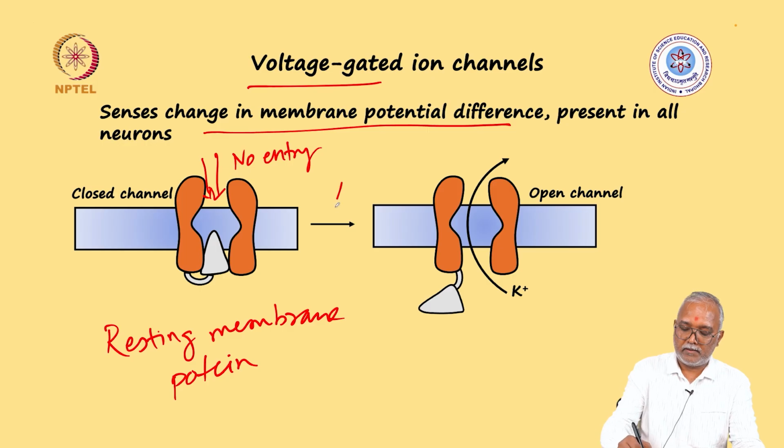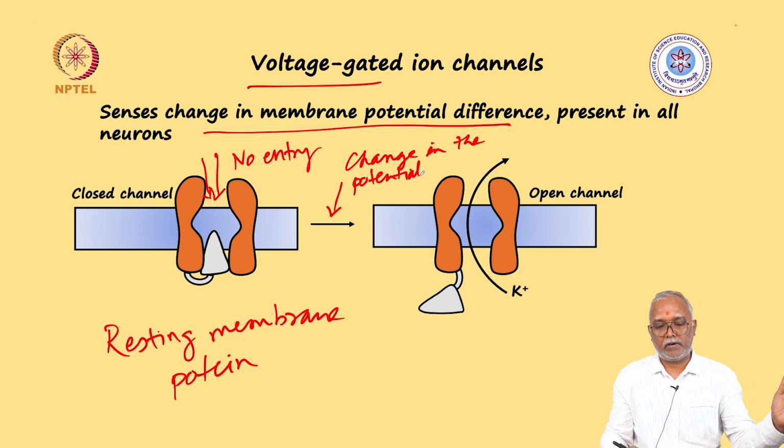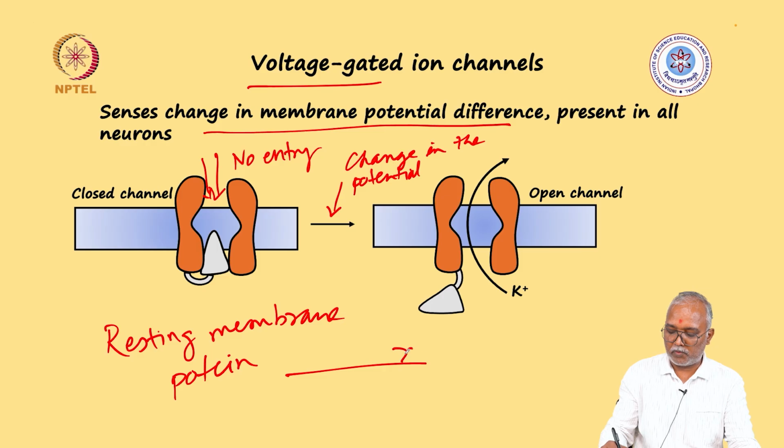Now when there is a change in the potential, so from the previous step, if a channel is present over here and the change in the potential is coming from the step before, it will be sensed at this channel and the channel will open.